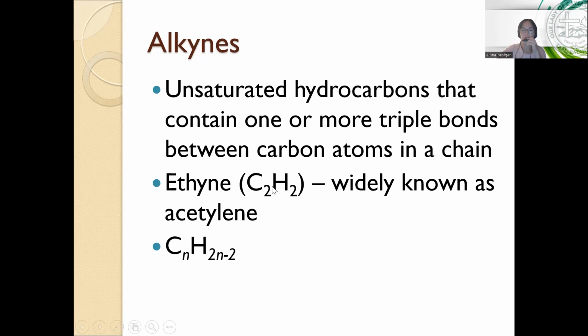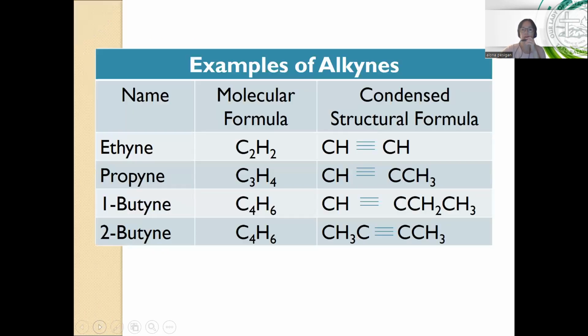The simplest example is ethyne with the formula C2H2. So our general formula for alkynes is CnH2n-2. And these are our examples of alkynes.